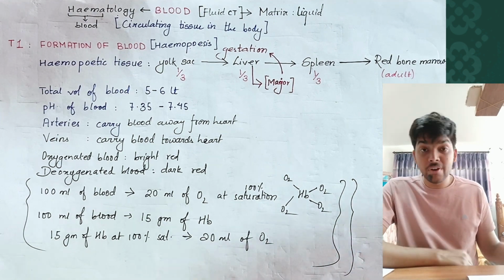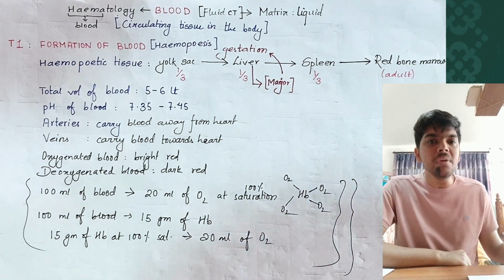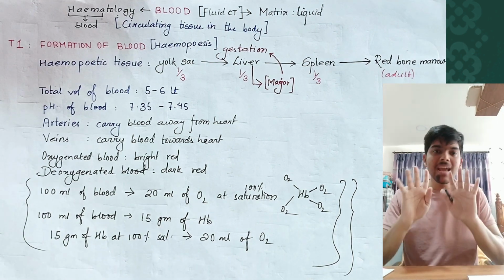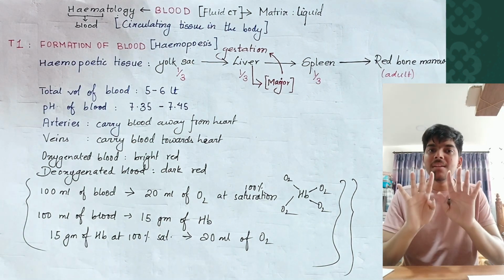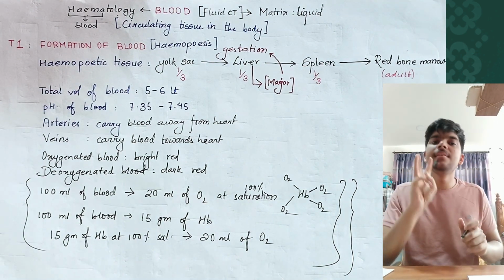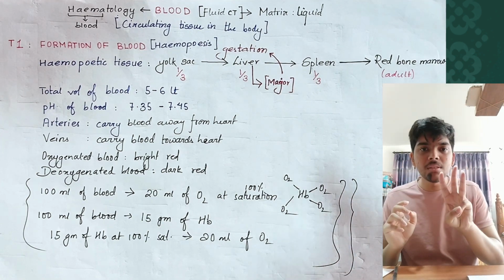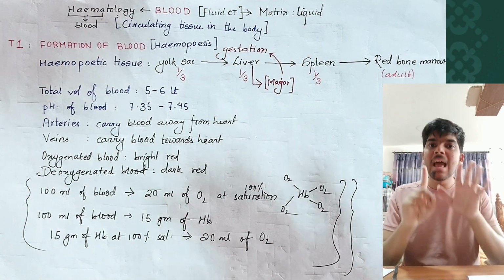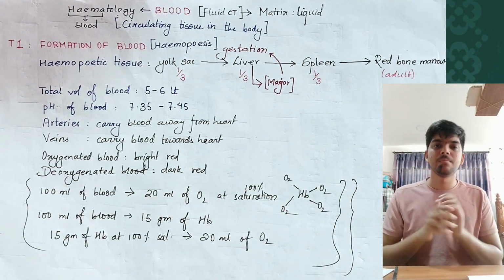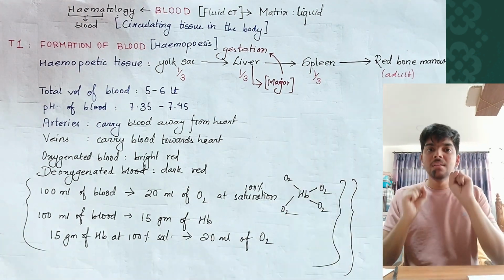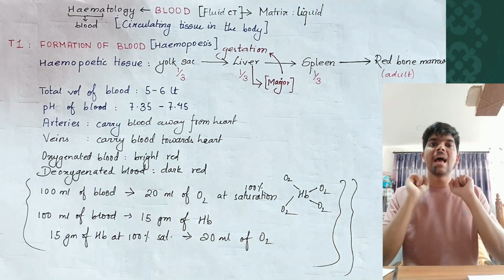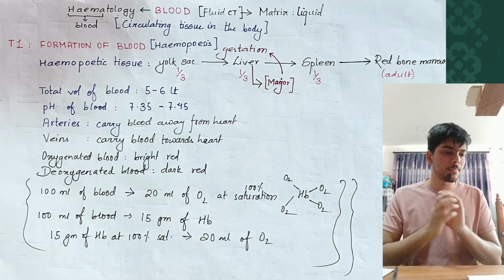Now, you might already know that the normal time period for gestation is 9 months. Let's divide this 9 months in 3 equal parts. Then we get the first 3 months, the middle 3 months, and the last 3 months.